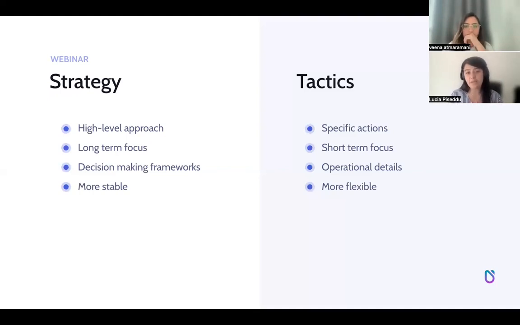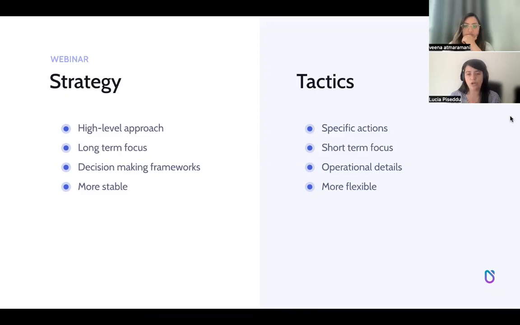And last important distinction, strategies tend to be much more stable over time. The strategy doesn't change from one day to another. It's usually a long-term plan which runs over a few years, or a few months if we're a young company, but it tends to be a lot more stable than the tactics.